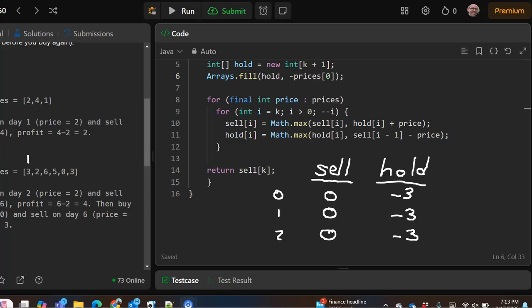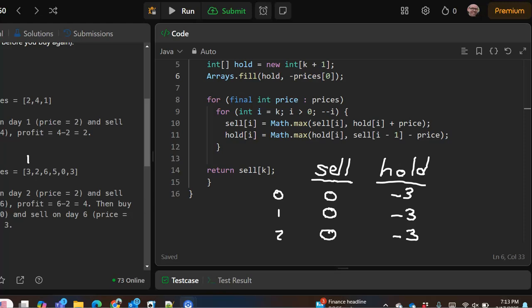If we buy the stock on day one, that puts our holdings at -3, because 3 is the price on day one. And we'll propagate that through the rest of the array.